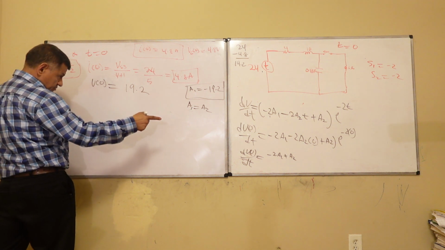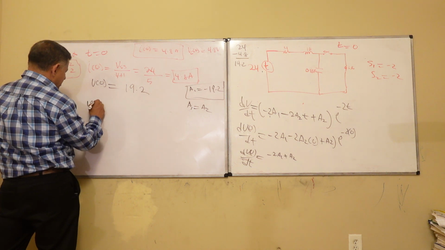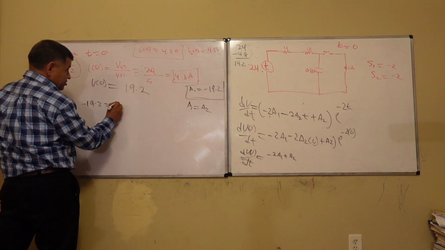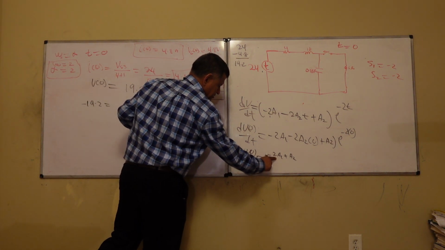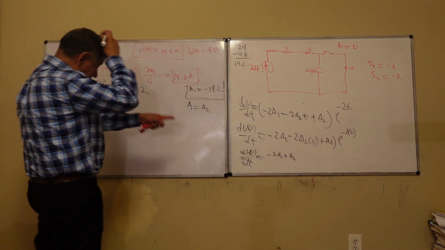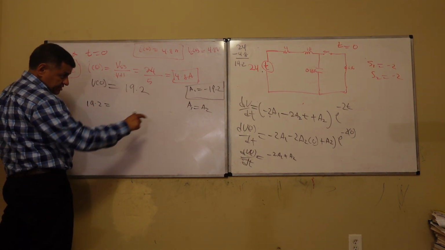So for a1, we have negative 19.2, right, is equal to, okay, let's use this one. Let's use that one, right? So what is the number for that? That was a negative. That was a positive, right?